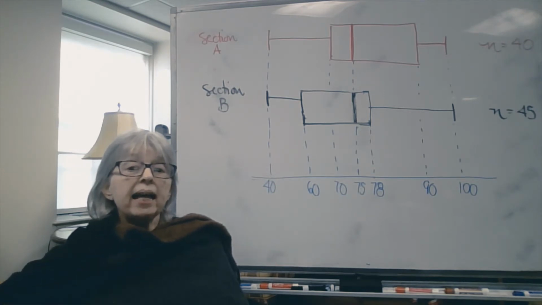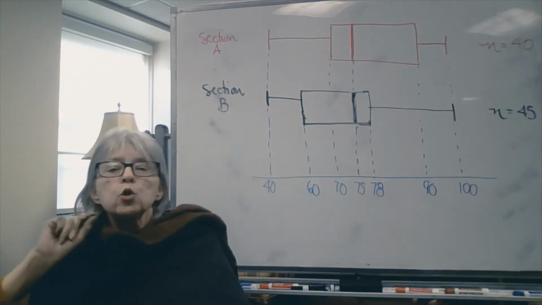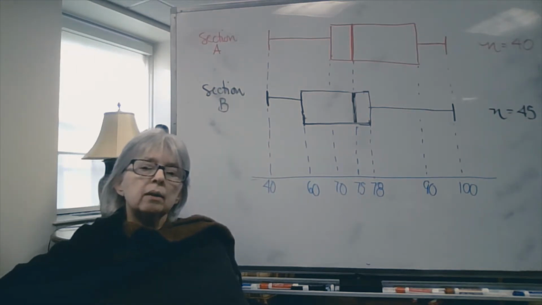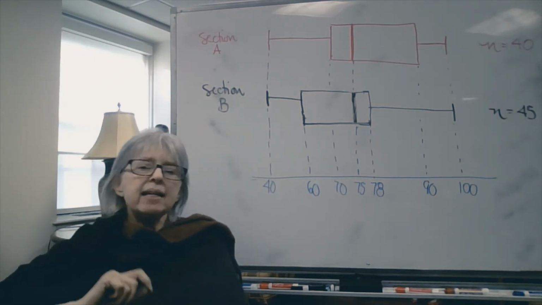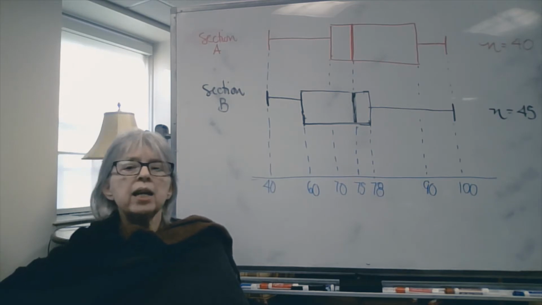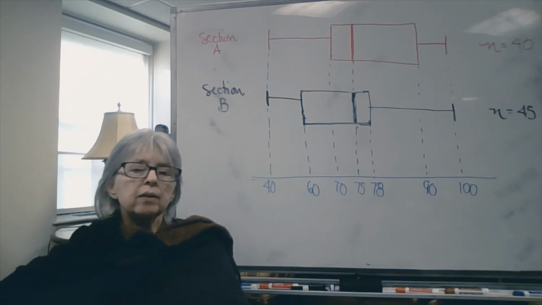For section A, my first quartile is 70 and my third quartile is 90. So half of the students in section A scored somewhere between 70 and 90 inclusive. One quarter of the students in section A scored less than 70.